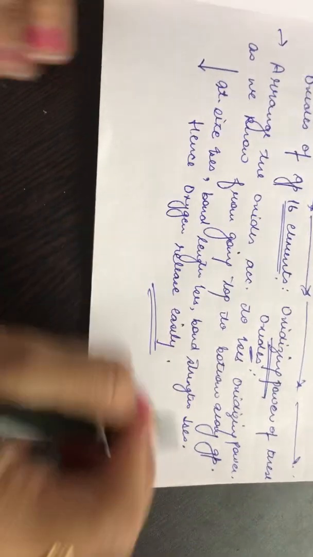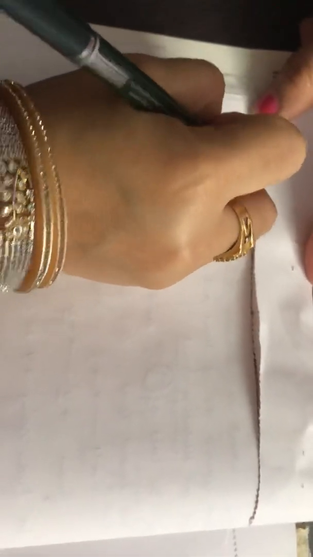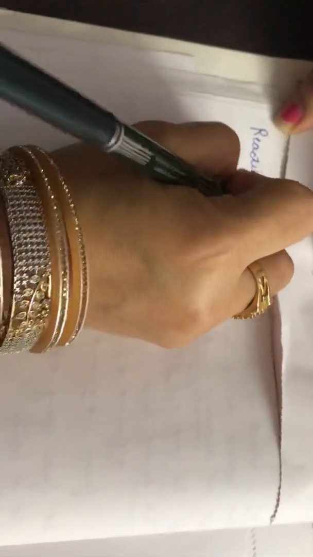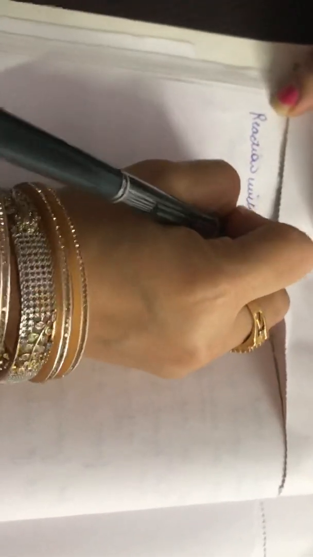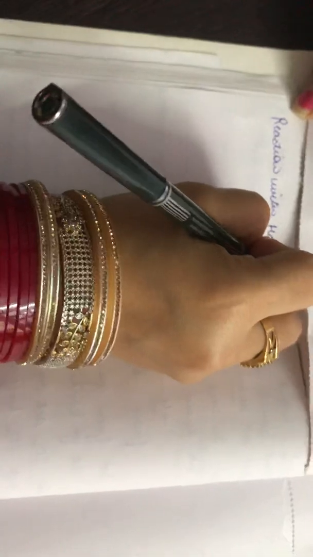Okay, clear? So the next type of chemical reaction is reaction with halogens. As we know that halogens are fluorine, chlorine, bromine, iodine.